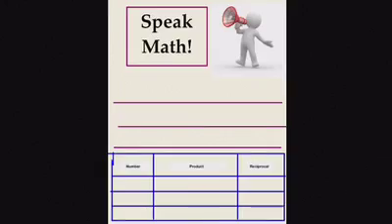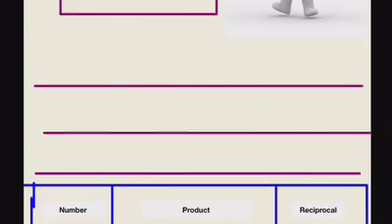Okay, so we all know that math can be like its own language. So the first thing we need to do is learn a new vocabulary word, or in other words, speak math. That vocabulary word is called reciprocal. Make sure you get it spelled correctly.